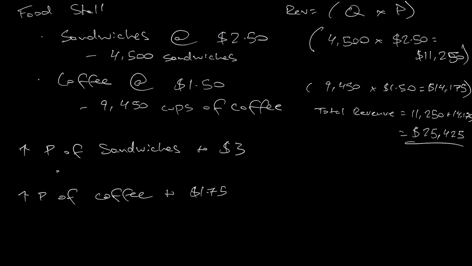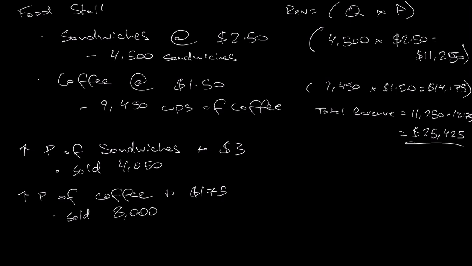So now instead of selling 4,500 sandwiches, they've sold 4,050 sandwiches. And in terms of the coffee, the quantity sold has decreased as well, and we've only sold 8,000 coffees over the monthly period. Now, what's interesting is, will this actually lead to an increase or a decrease in the amount of revenue earned by the company?